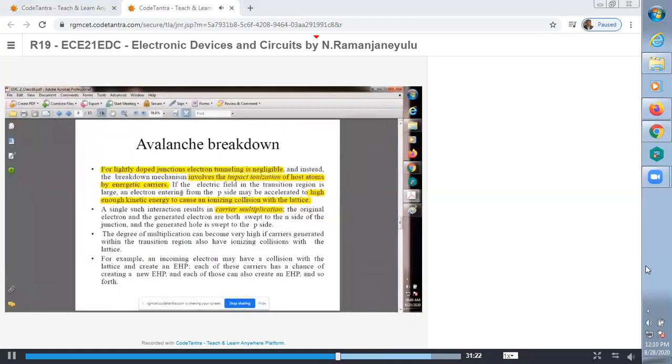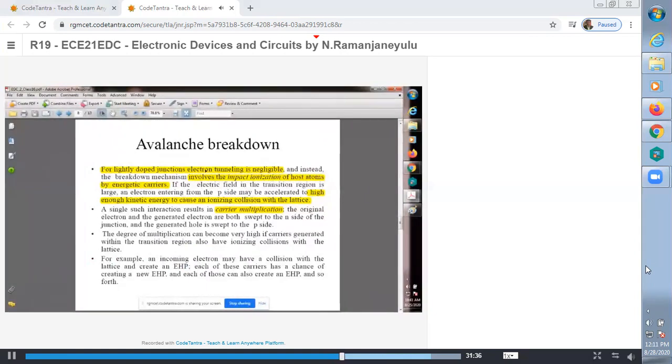For a lightly doped junction, electron tunneling is negligible. That is the first condition. Whenever you consider avalanche breakdown, the junction is lightly doped, and in lightly doped junctions tunneling is negligible.